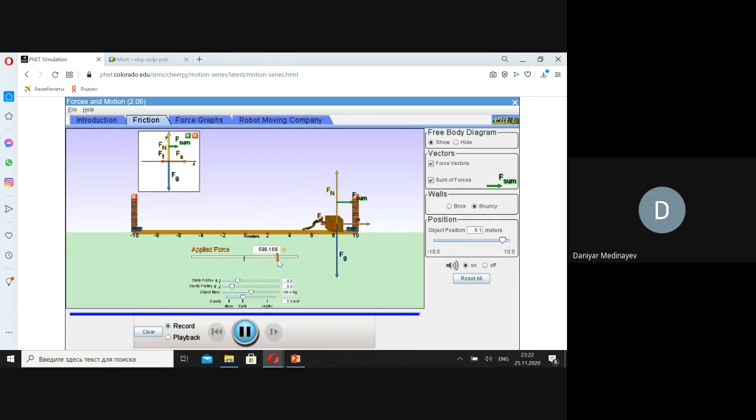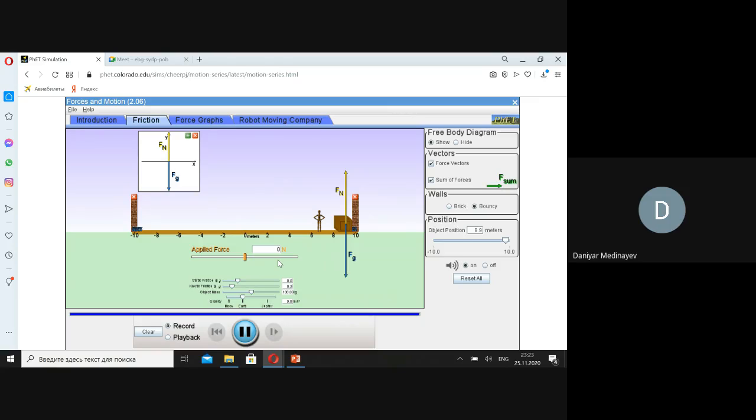As you can see, the sum of the forces which act on the object is directed to the right and equal to approximately 600 newtons.